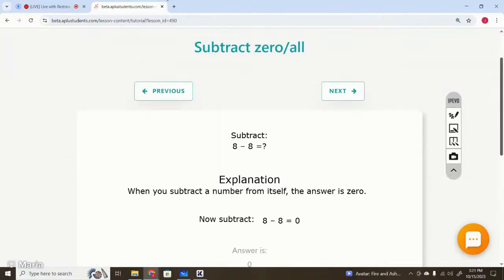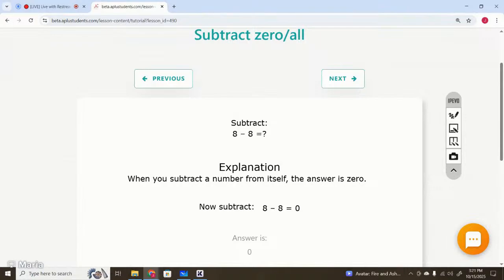Eight, 8 take away 8. Subtracting a number from itself always makes a 0. 8 take away 8 is 0.